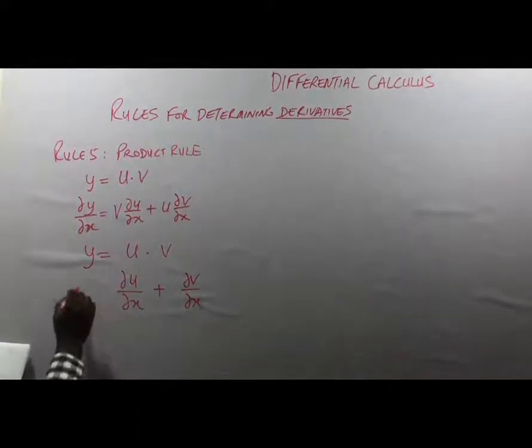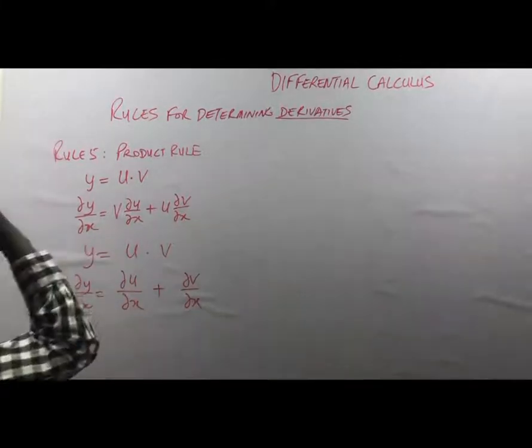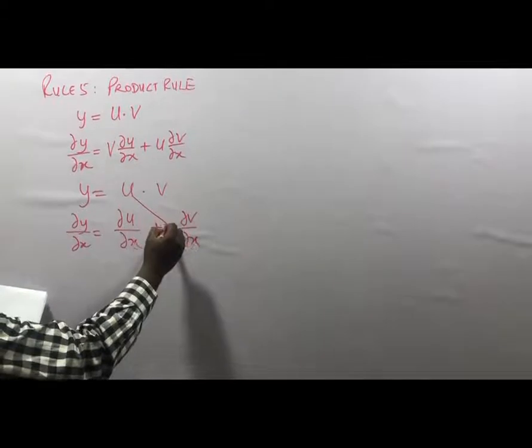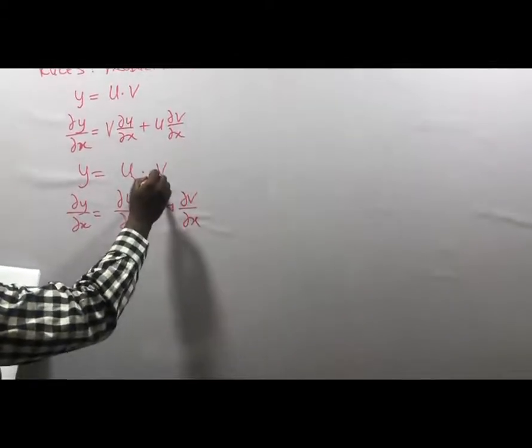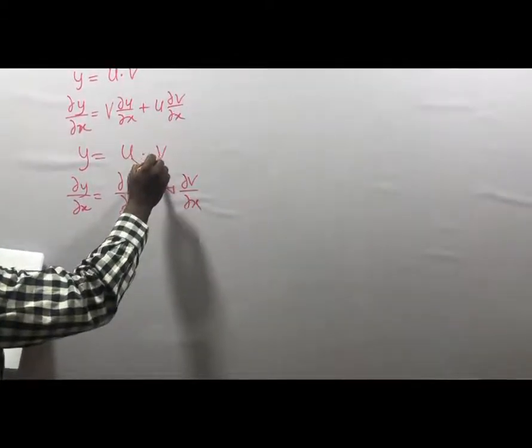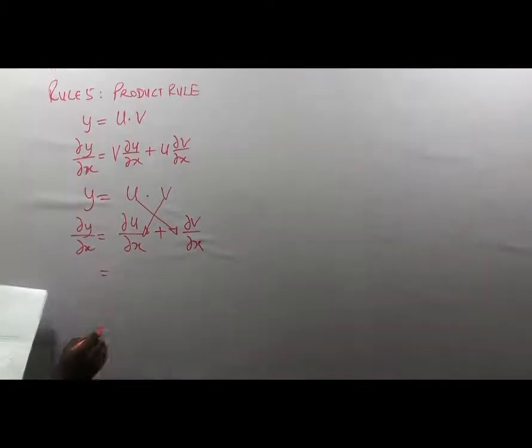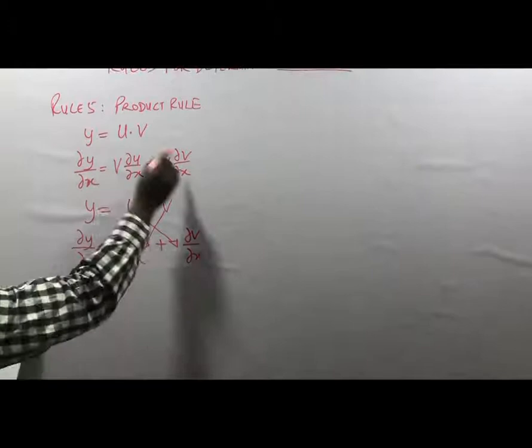So now what you do will be cross multiply. You cross multiply by bringing this here, this one here, and then you also bring this one to this side, so that what you are going to have at the end of the day will be what we have here.